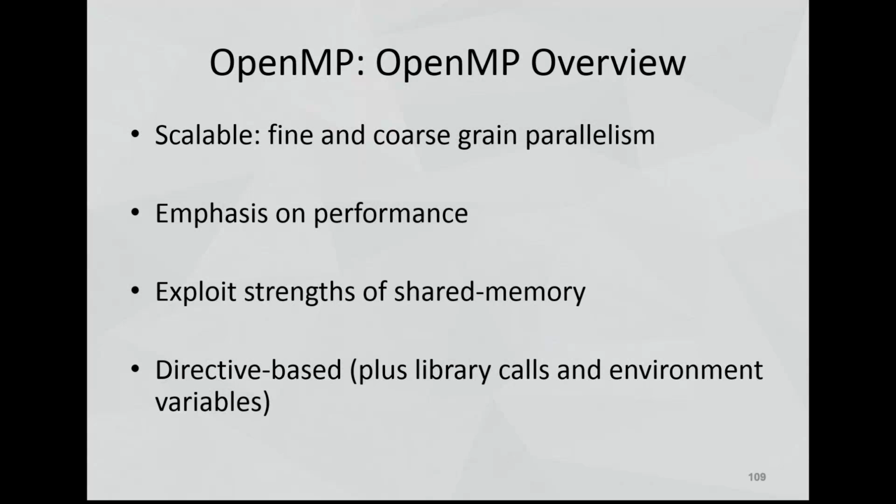It's good for shared memory. One of the key strengths with the SGI boxes, the ICE, the ICE X, like some of the ones we run, is that they allow you to whack memory together and run that way. And library calls and environment variables run together.